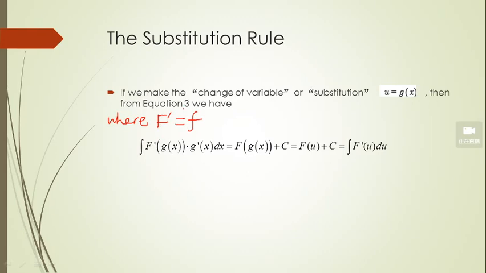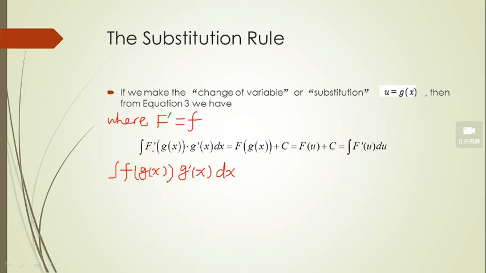The big F's derivative gives small f. So this side is the same as small f of g(x) times g prime of x dx, because big F prime equals small f.